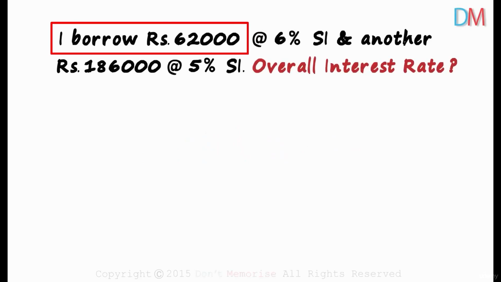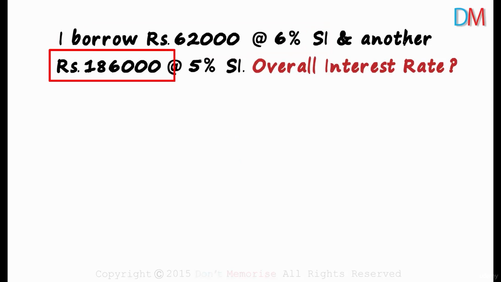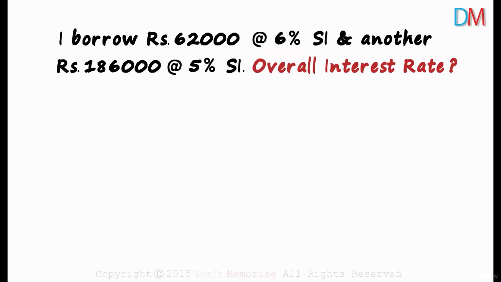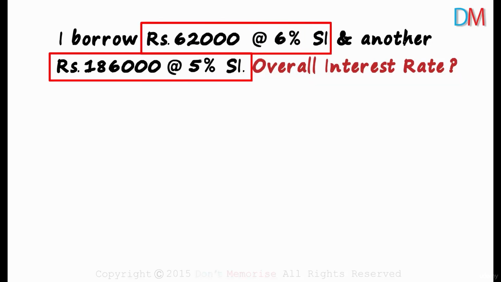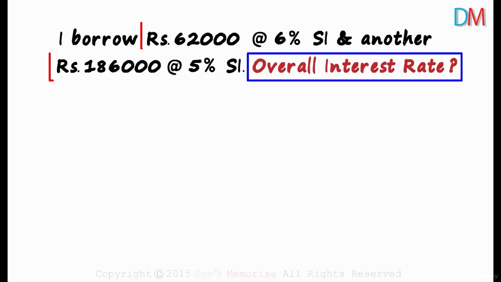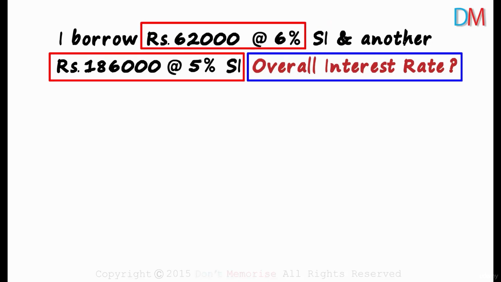I borrow 62,000 rupees at 6% simple interest and another 186,000 rupees at 5% simple interest. What is the overall interest rate? We are borrowing different amounts at different interest rates. And we need to find the overall interest rate when both these cases are considered together.